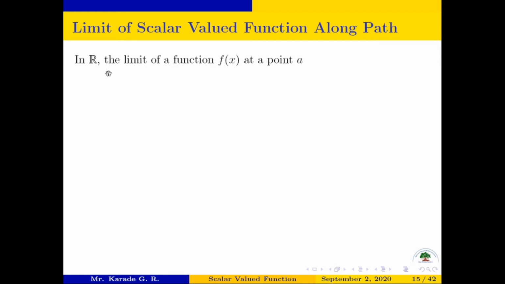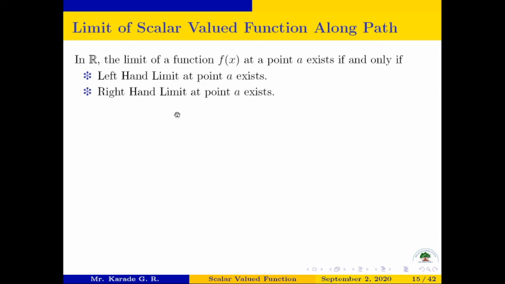In R, the set of real numbers, in case of a real valued function, the limit of function f of x at a point a exists if and only if the left hand limit of that function at point a exists, and the right hand limit of that function at point a exists.